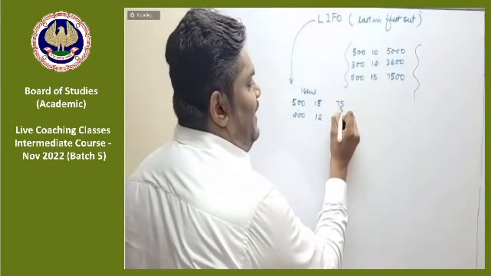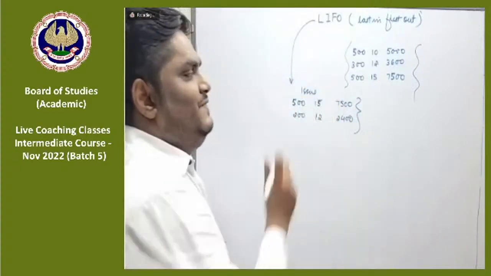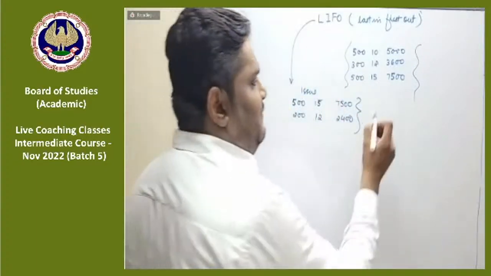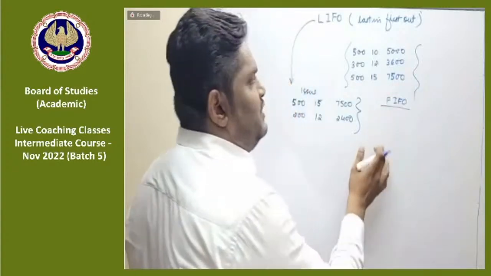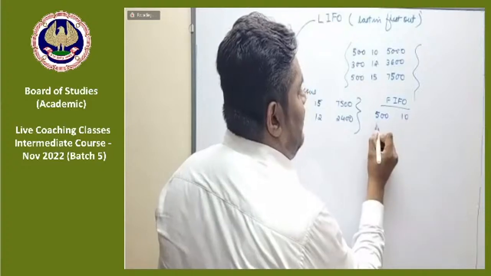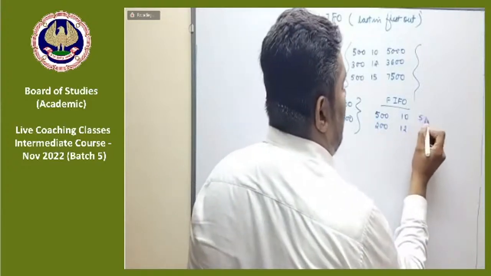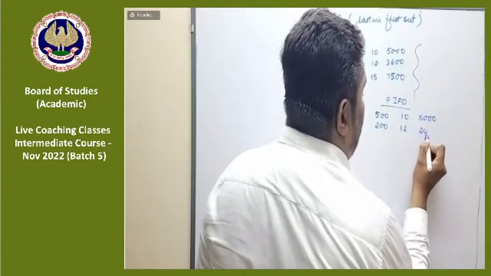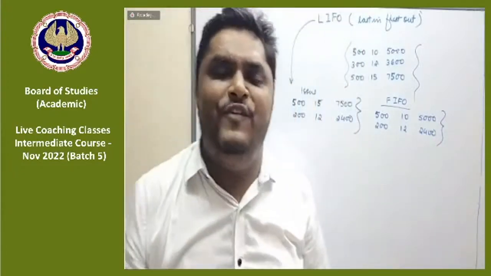So 7,500 and 2,400 as per the LIFO method. But if it is the FIFO method, we can issue 500 units at the rate 10 and 200 units at the rate 12.